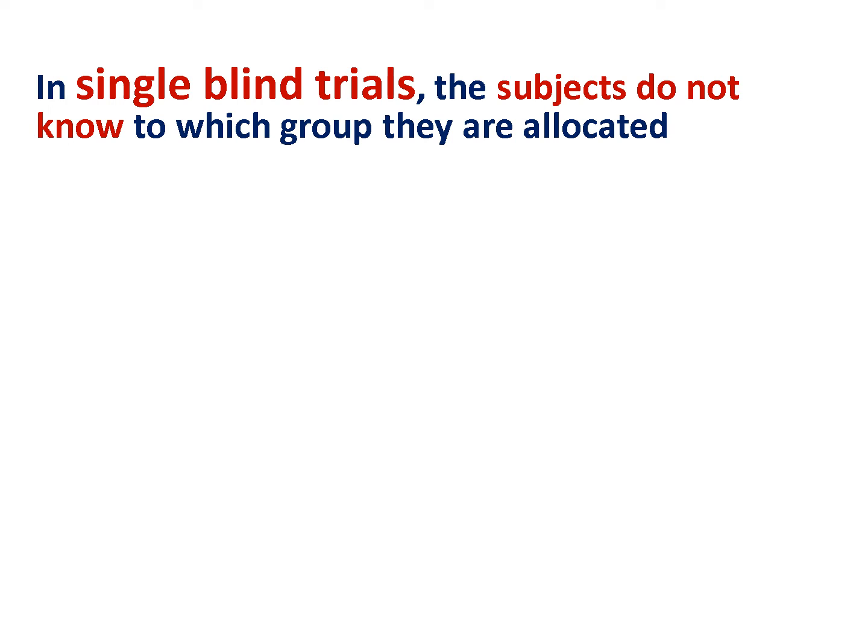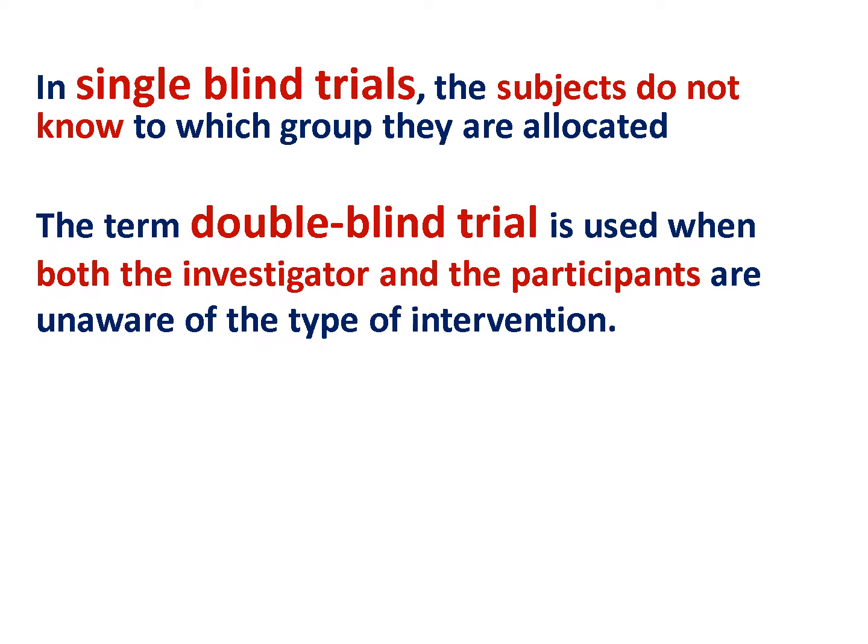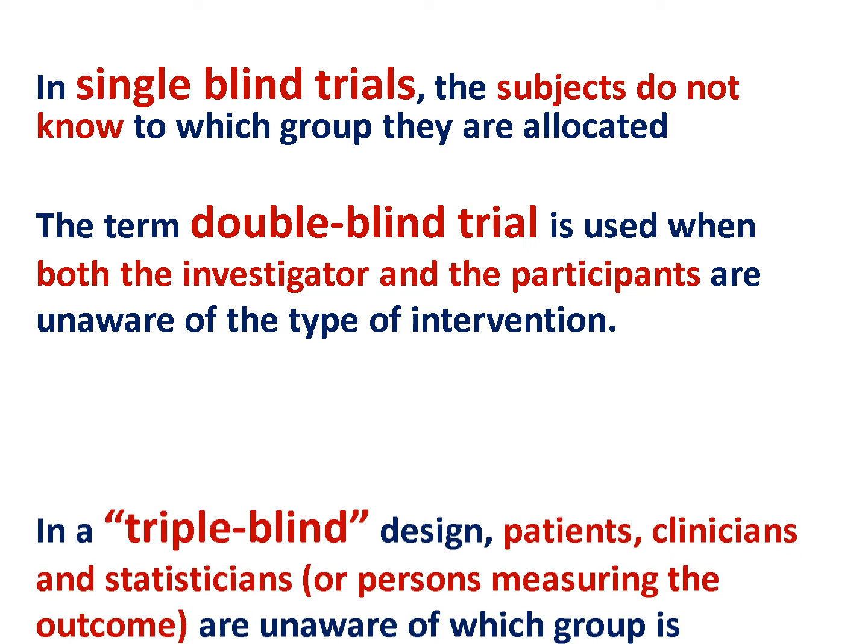The term double-blind trial is used when both the investigator and the participants are unaware of the type of intervention. Both the investigator who distributes medicine and the participants who receive the medicine do not know if the participants are in the experimental group or control group. That is known as a double-blind trial.